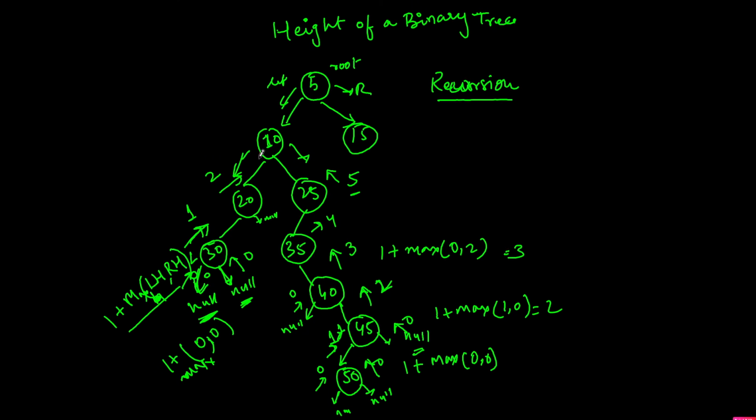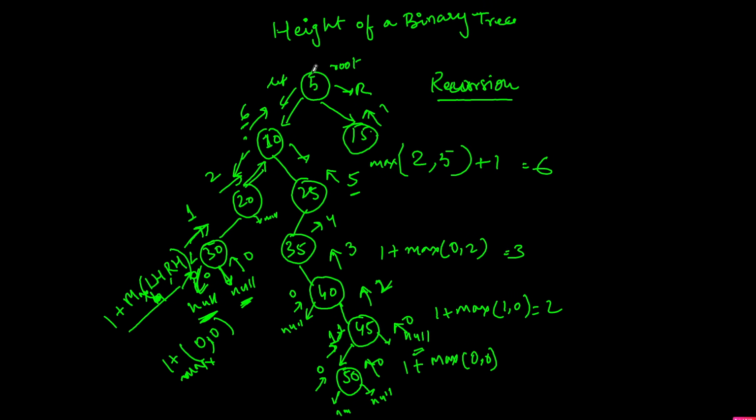So at the node 10, from the left side we get 2, and from the right side we get 5. So the max of 2 comma 5 plus 1, so that is 6. So 10 will return 6. Now this right child of the root will return 1.